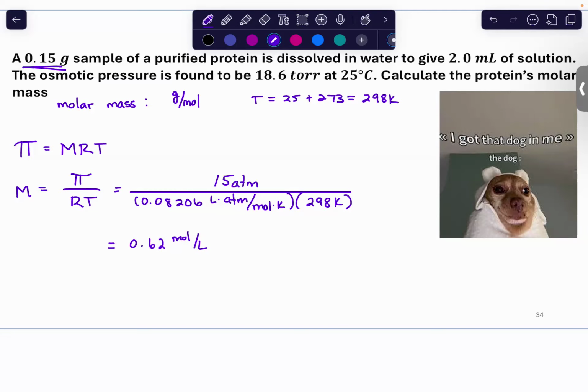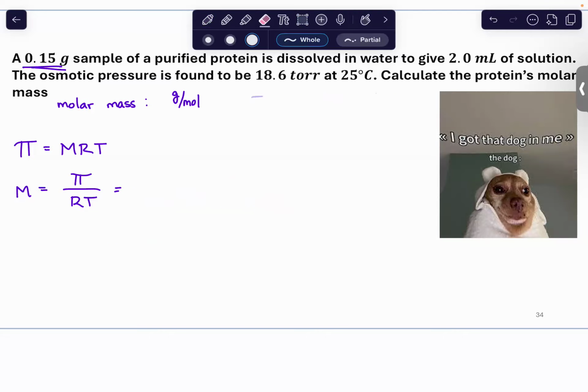Yep. Oh, let's see. Oh, yep, I'm on the wrong problem. Never mind. Hang on. Let's redo this. I am looking at the wrong page.